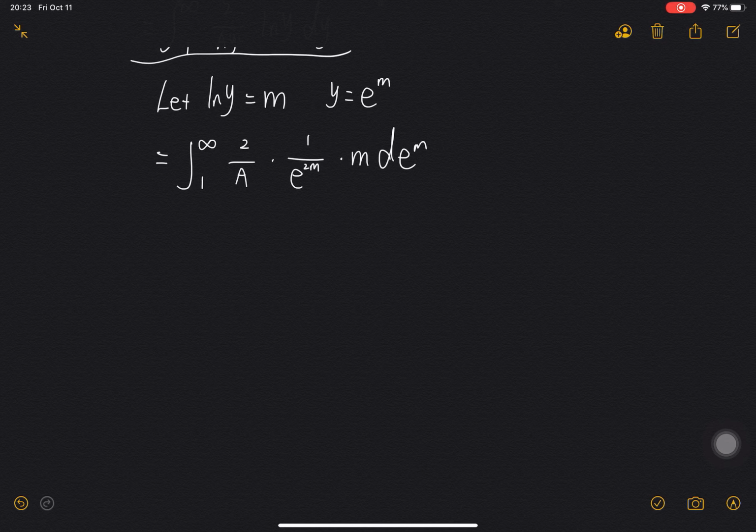And this is a much easier integral for us.